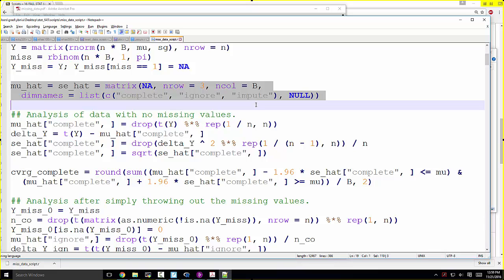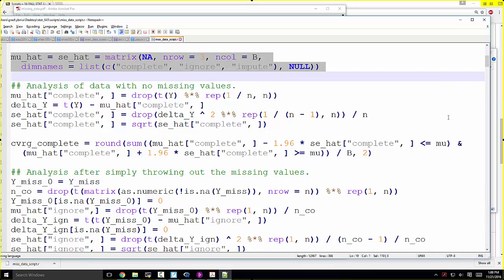So we could take all of our NAs and replace them with, say, the average of the numbers that we actually saw. That's an example of what's called single imputation, which is not generally a good strategy. So we'll see how we do here. But later I'll introduce multiple imputation, which is better.